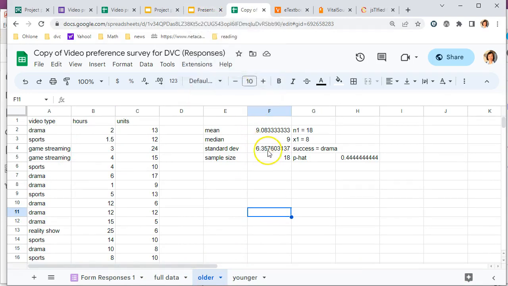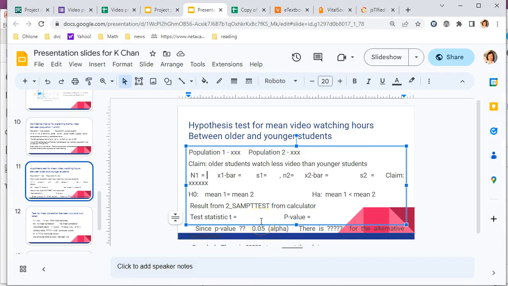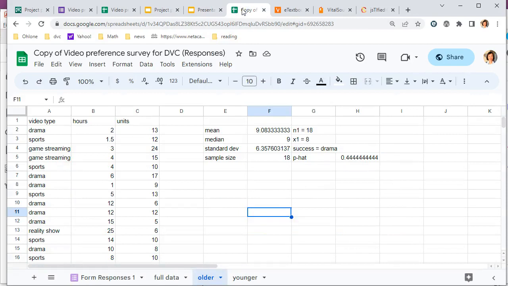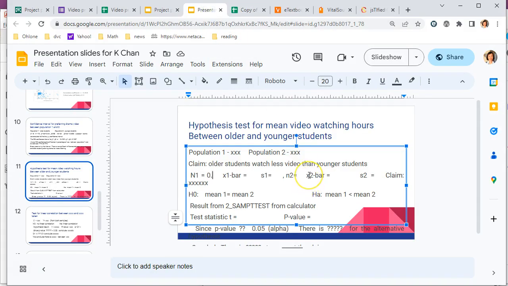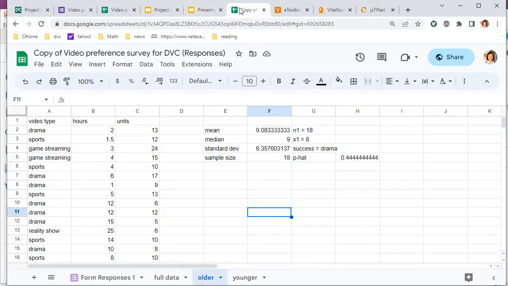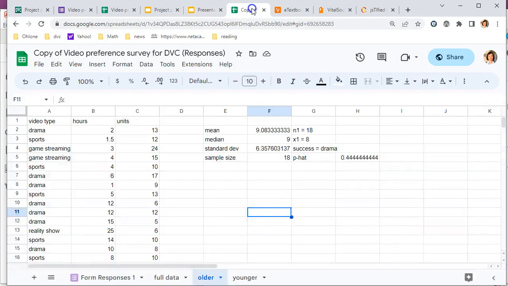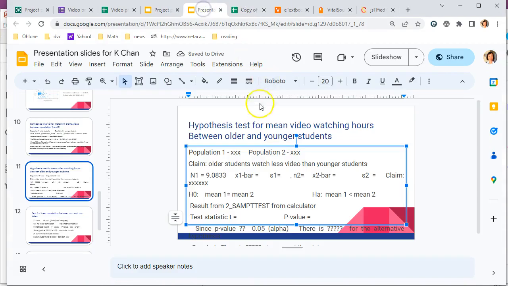Standard deviation is 6.3576. Let me fix that: 9.0833.